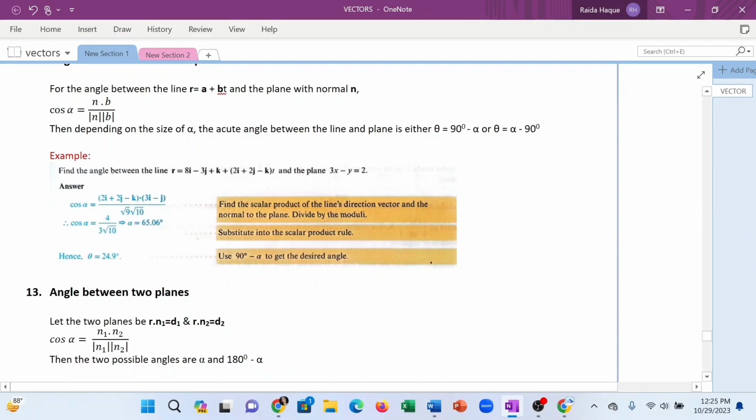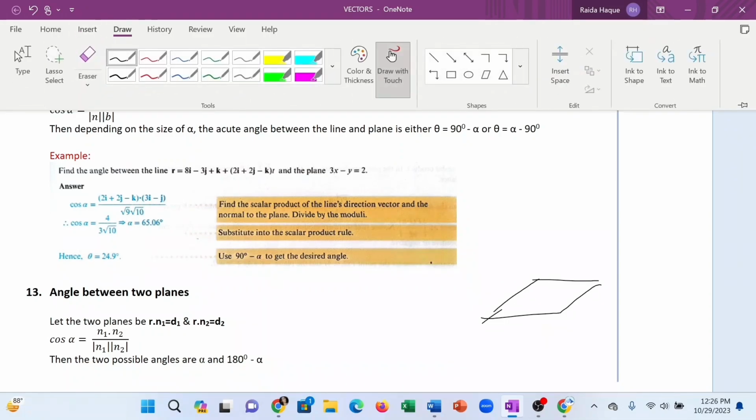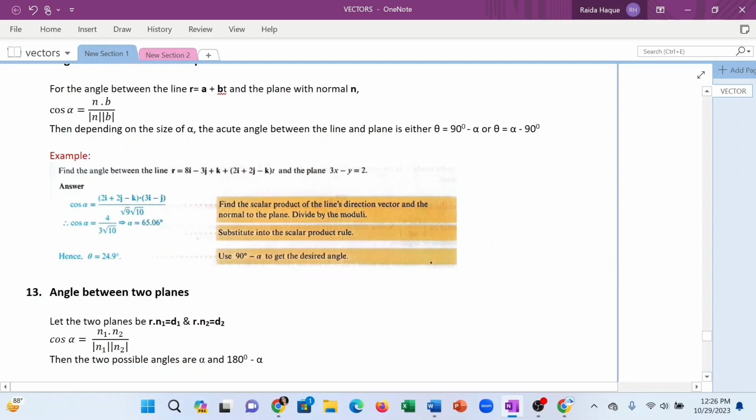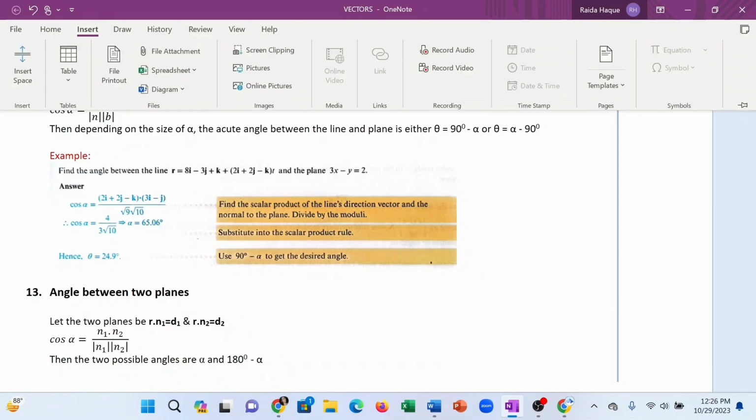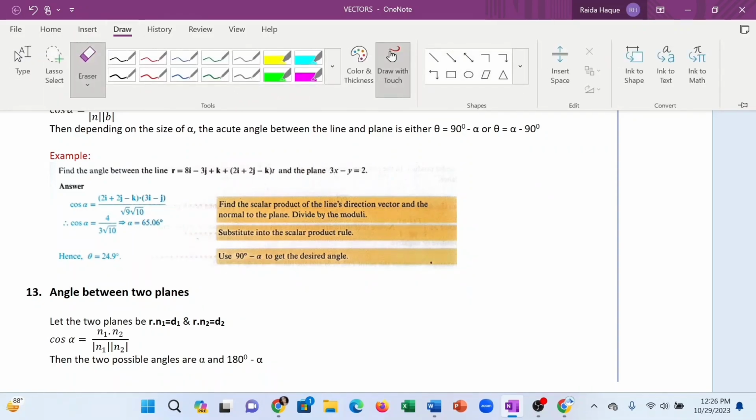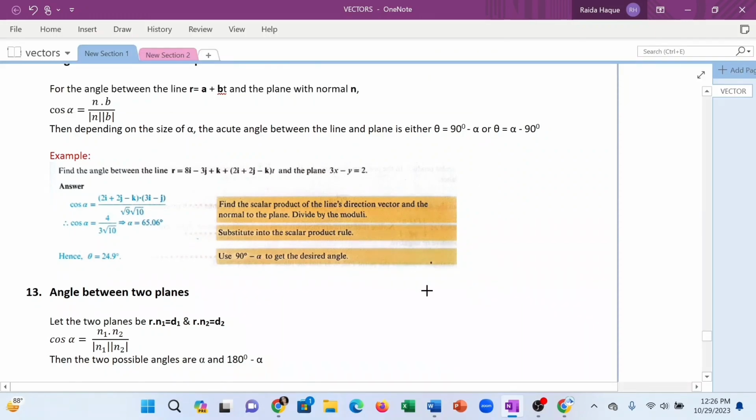two angles like this? If this, for example, is one plane, the drawing is going to be quite complicated, so let's try to draw it more nicely. Okay.